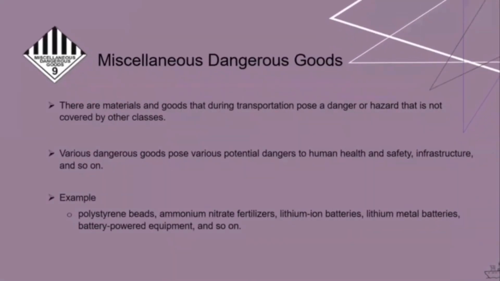And last but not least, miscellaneous dangerous goods. These are materials and goods that during transportation pose a danger or hazard that is not covered by other classes. Various dangerous goods pose various potential dangers to human health and safety, and also infrastructure. Examples of this class are polystyrene beads, ammonium nitrate, lithium-ion batteries, and so on.